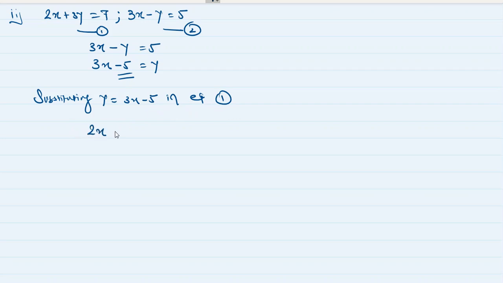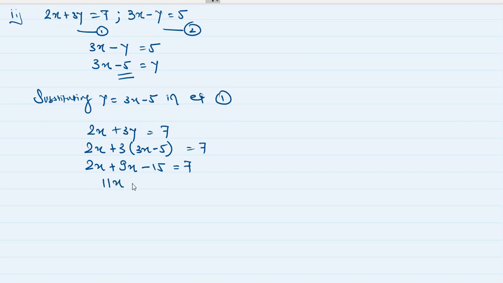See, equation 1 is 2x plus 3y is equal to 7. Okay, so in the place of y, I'm going to write 3x minus 5. So 2x plus, now I'll multiply 3 inside, so I'm getting 9x minus 15 is equal to 7.